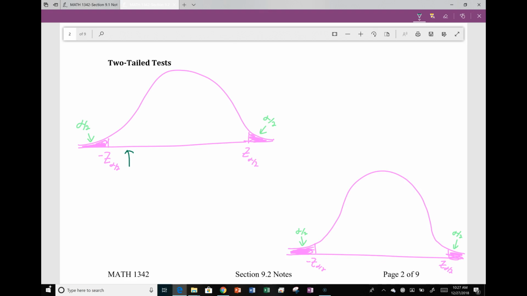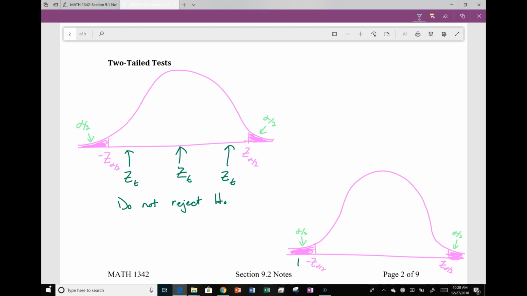I could have a test statistic here, or I could have a test statistic here, or my test statistic could be here. If it's in any one of these three places, is it in the shaded region? No. So here I do not reject the null hypothesis, because it doesn't matter if it's here, here, here, in between, anything like that. If it is not in the shaded regions, we do not reject.